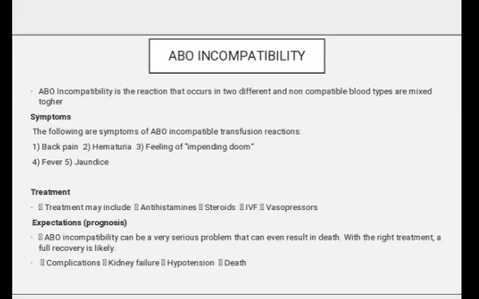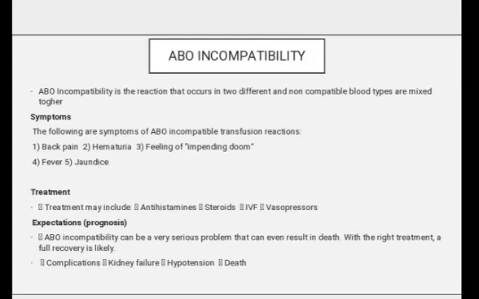Now, signs and symptoms of this ABO incompatibility are back pain, hematuria, feeling of impending doom, fever, and jaundice. Treatment may include antihistamines, steroids, IV fluids, and vasopressors.